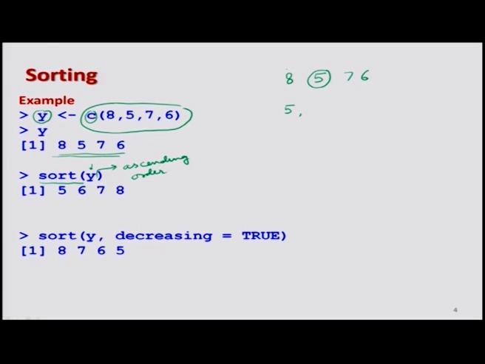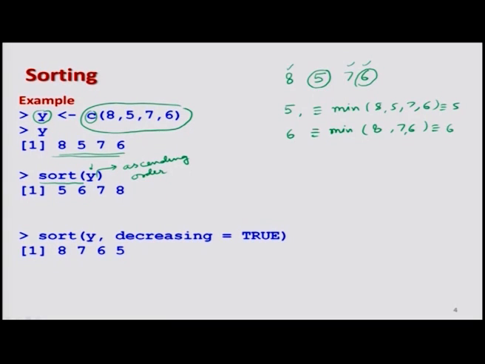Now, from the remaining values 8, 7 and 6, it again finds the next minimum value, and this comes out to be 6. So, 5 was the minimum value among 8, 5, 7 and 6, and 6 is the minimum of the remaining values 8, 7 and 6. So the answer is 5 and 6.